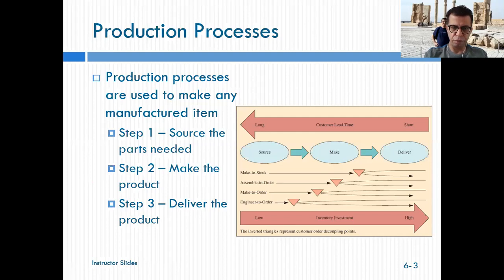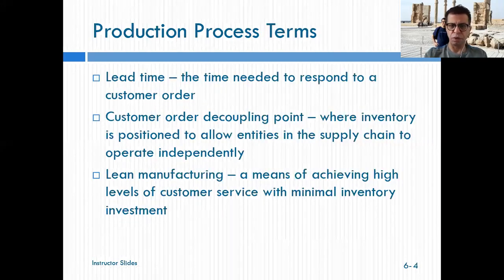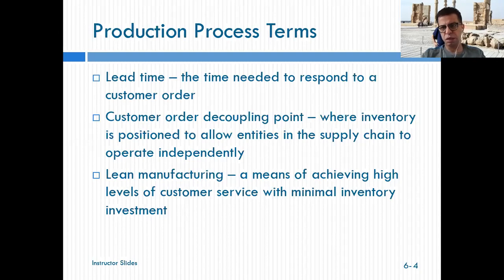So the production process is made of three steps. Now the lead time is the time to respond to a customer order. So when the customer is ordering something, it is how much time you have to respond to it. And it differs from one to another.